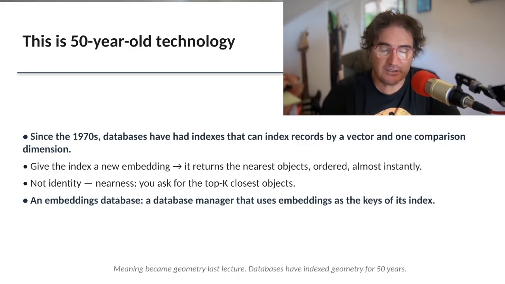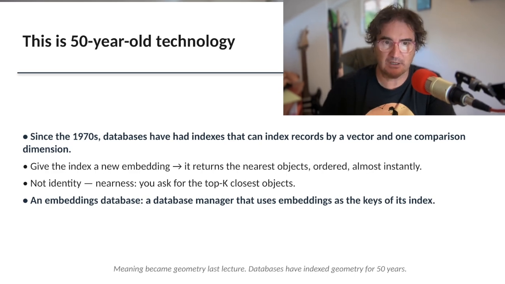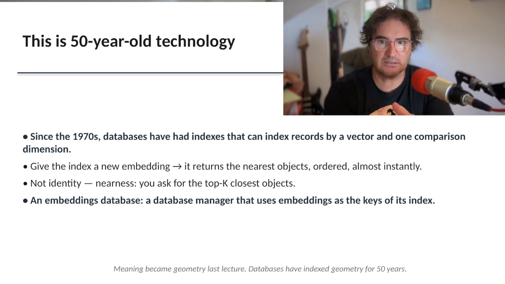Well, it turns out that since the 1970s, so it's like 50 years ago, we have the technologies in databases that invented indexes, which allow us to index records in a table according to the embeddings and one dimension of comparison.